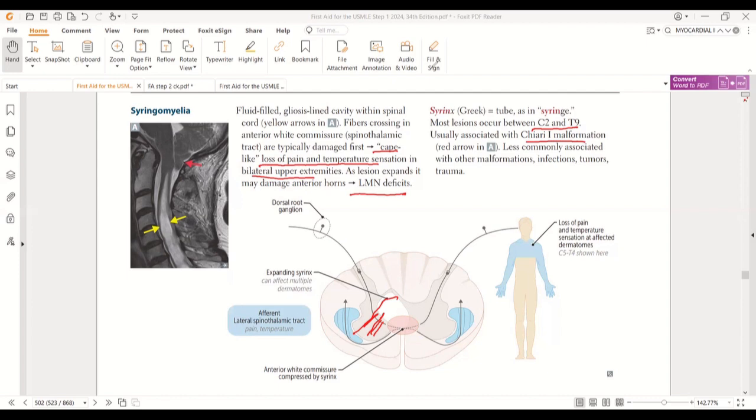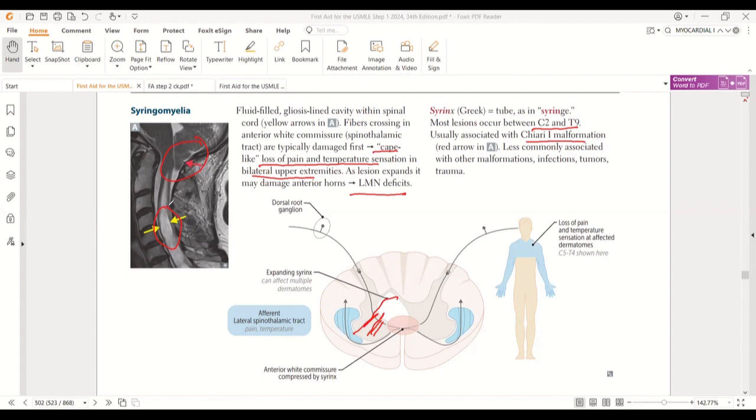So this is associated with Chiari 1 malformation. We already discussed that Chiari 1 malformation is associated with syringomyelia. Like this is again Chiari 1 malformation. The cerebellar tonsil is herniated through the foramen magnum, and this is the syrinx, the fluid-filled cavity, right? So you know which tract is damaged early in syringomyelia: the lateral spinothalamic tract.